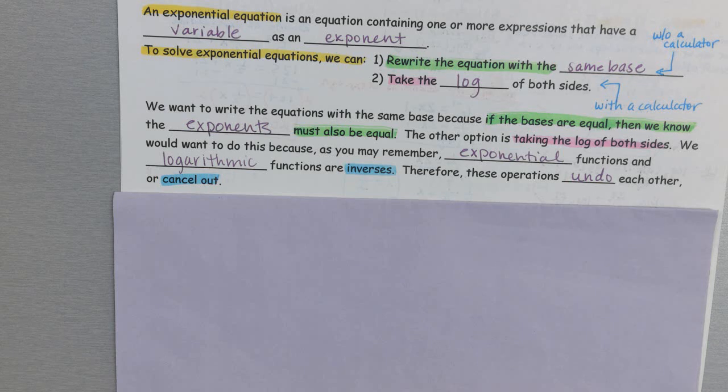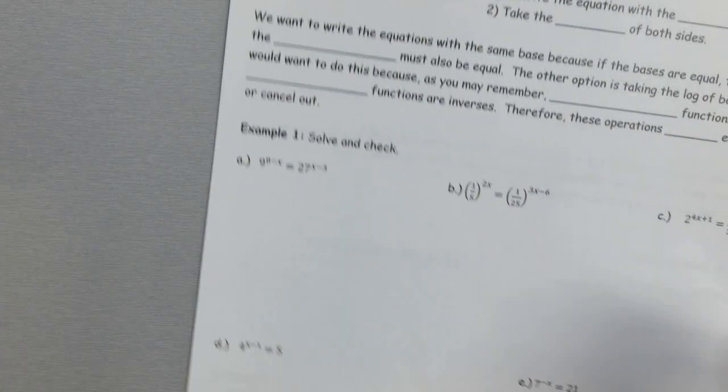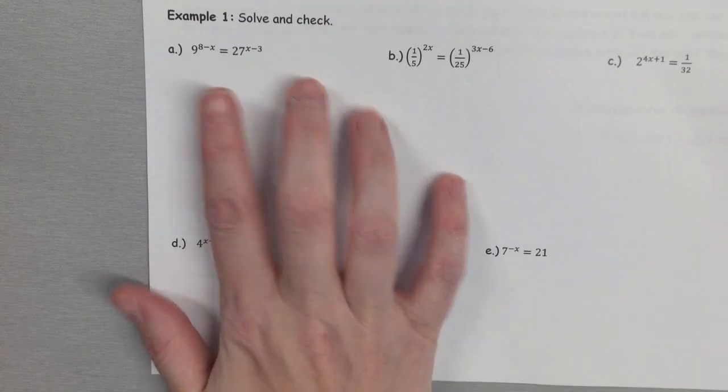Okay, I'm feeling pretty confident that with example 1, when you have to solve and check for part A, if I tell you that you have to rewrite those with the same bases, do you think you could rewrite 9 and 27 with the same base? Yeah? Okay, yeah, what would your base be? Yeah, 3. Good.